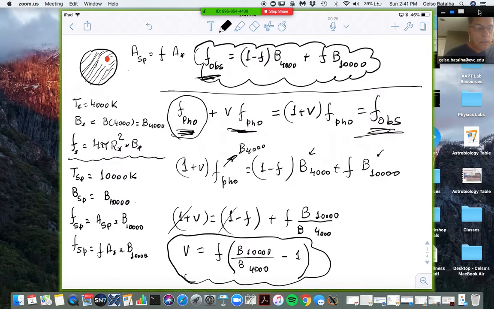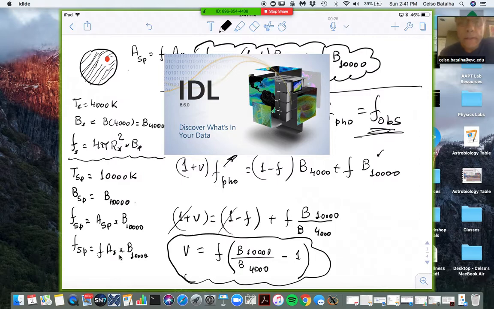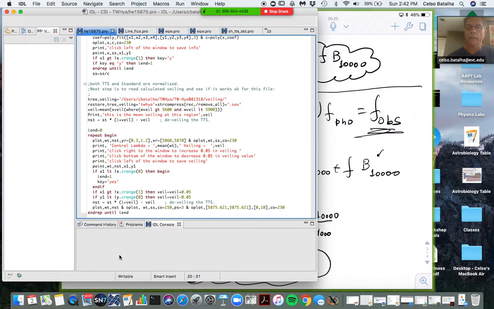Now let's bring this into perspective and see how this function should behave in IDL. My computer's taking forever. Okay.